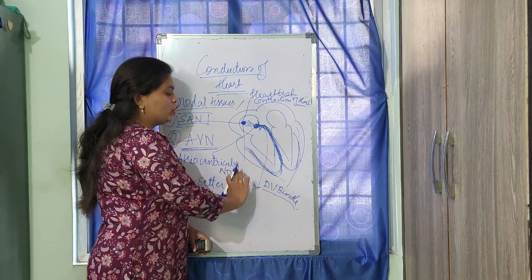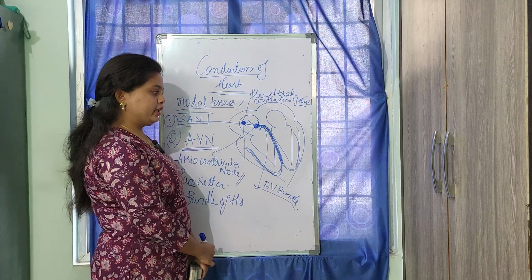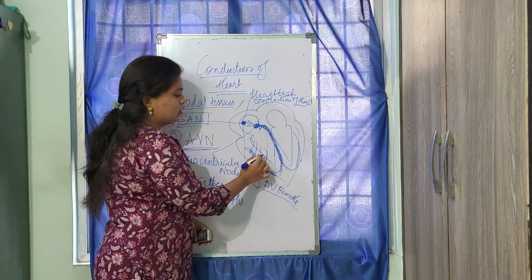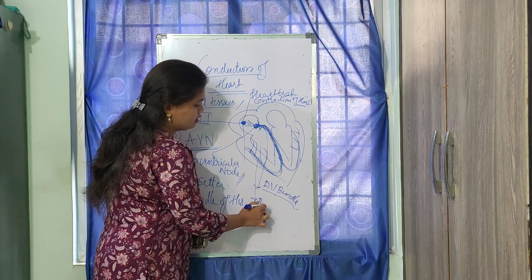One will go to the right ventricle, the other will go to the left ventricle, and they have Purkinje fibers.